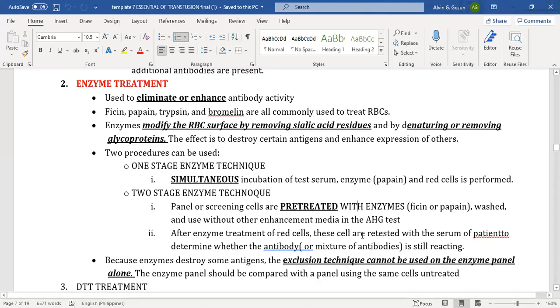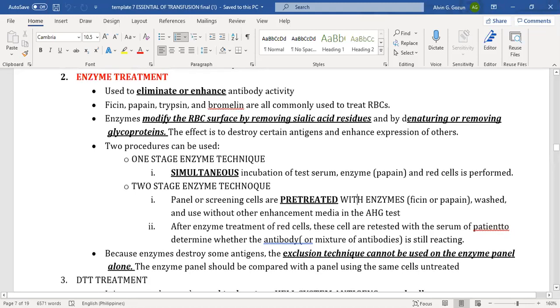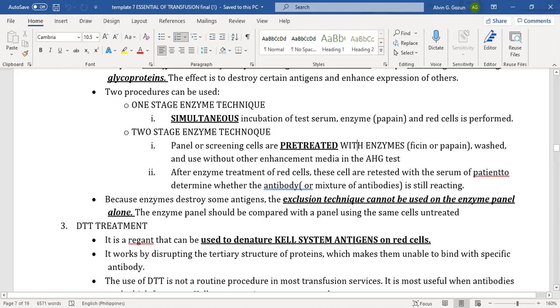After enzyme treatment of red cells, these cells are retested with the serum of the patient to determine whether the antibody is still reacting. So that's the difference, okay? Because enzyme destroys some antigens, the exclusion technique cannot be used on the enzyme panel alone. The enzyme panel should be compared with a panel using the same cells untreated.